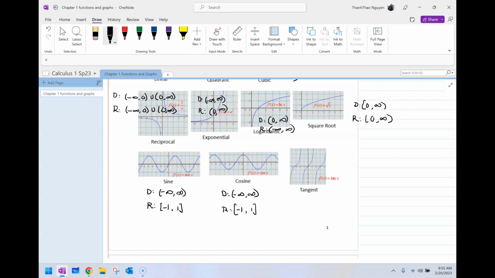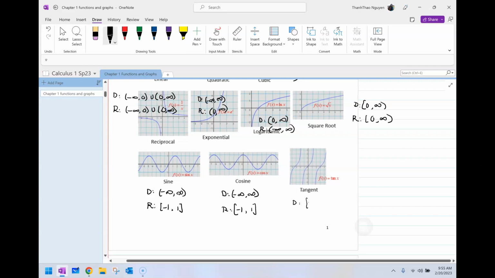And tangent. Note that you remember the domain of tangent. Tangent is undefined at pi over 2, right? So tangent has a domain of anything except everywhere that is pi over 2.